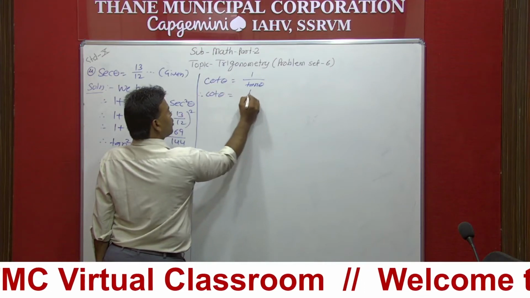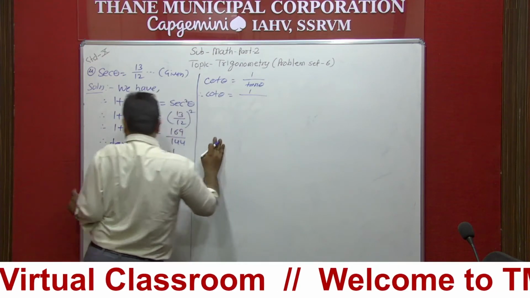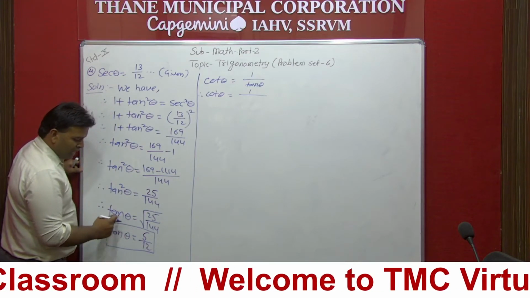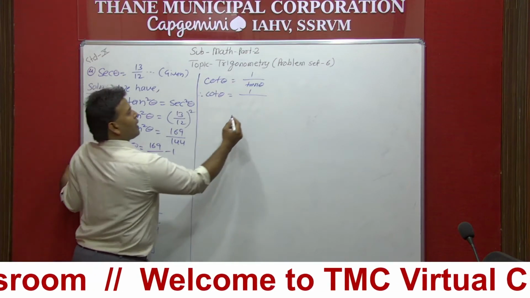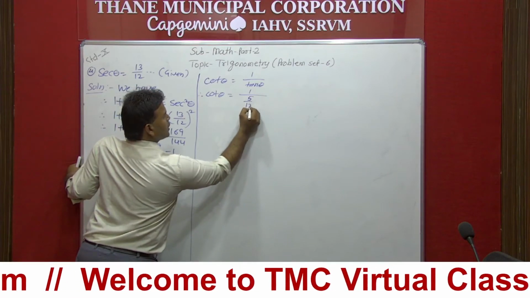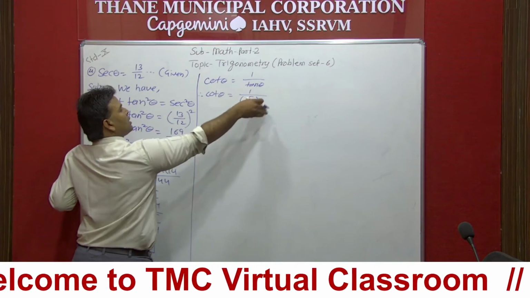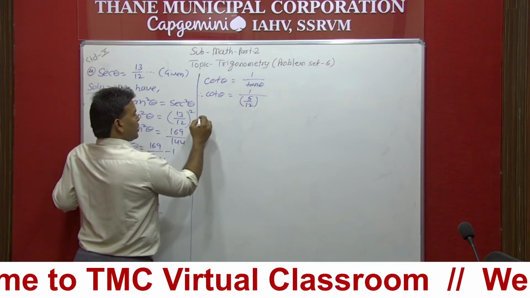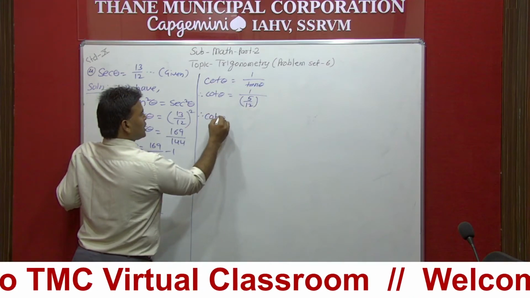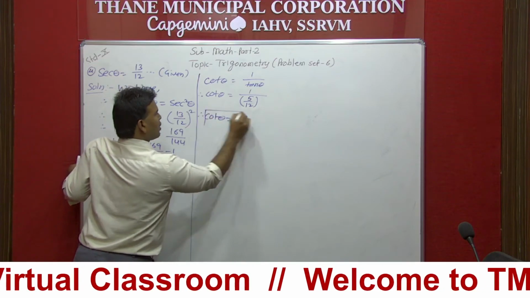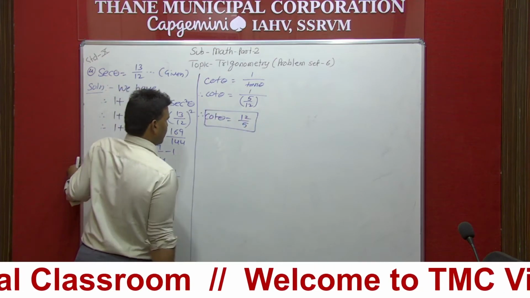What is the value of tan? The tan value I got here is 5 upon 12. So instead of tan theta I will write 5 upon 12. Once I take this in the numerator, it will become reciprocal. So cot theta is equal to 12 upon 5. Here I got the value of cot theta.